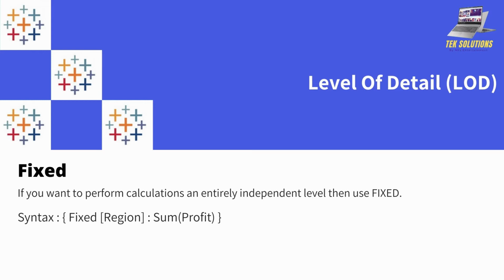Now what is the difference between the first one, include, and fixed? Include tells you to include this particular dimension along with your existing dimensions in the visualization and do the calculations, whereas fixed is irrespective of what dimensions you have in the visualization: ignore them, use this particular dimension mentioned in this calculation, and do the calculations and show them.